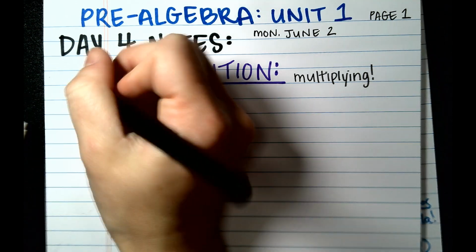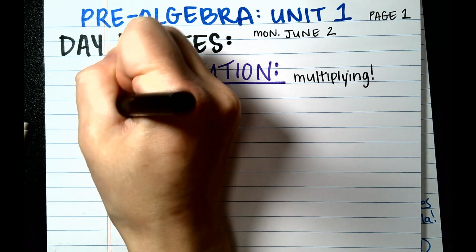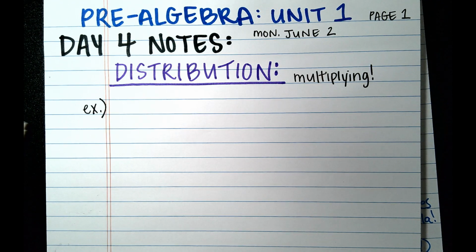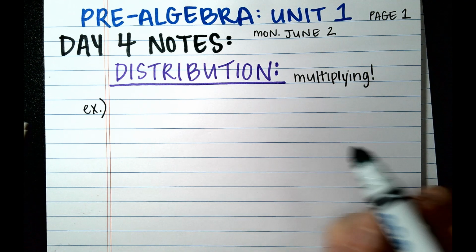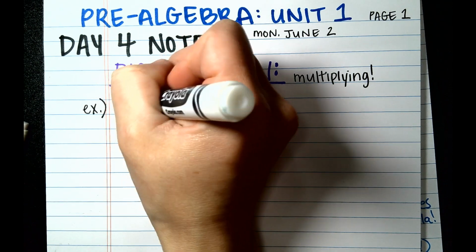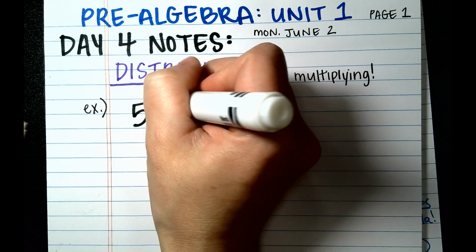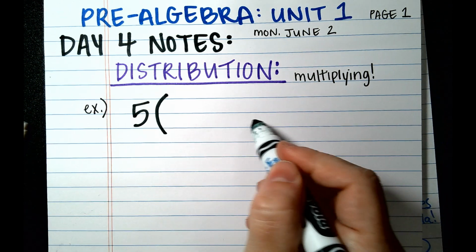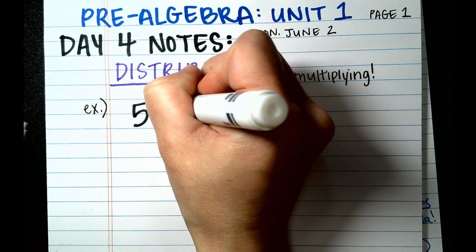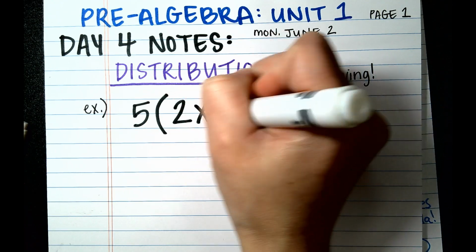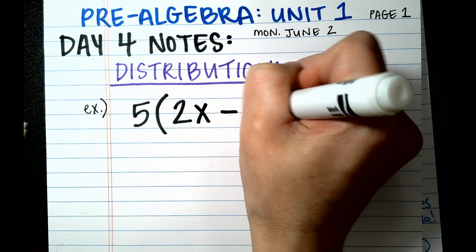Here's an example of distribution. I'm going to write this one big. Let's say I have 5 in parentheses, and then I have 2x minus 3.